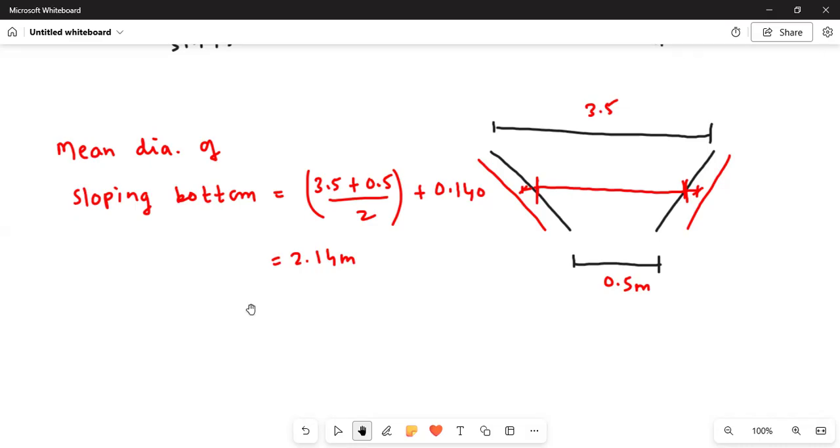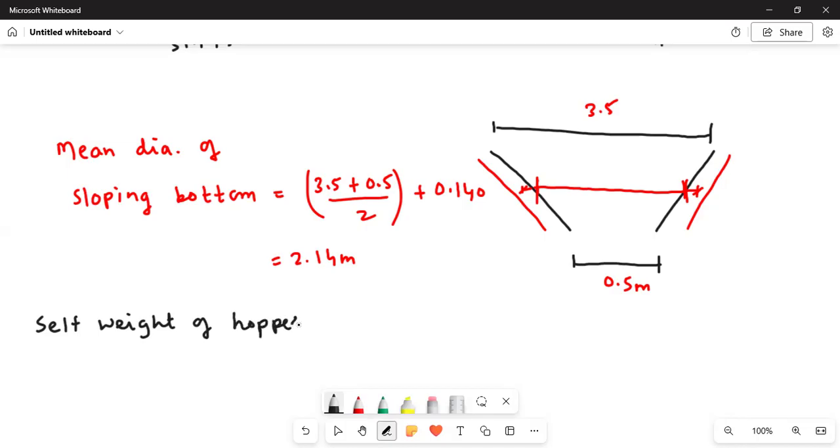We also need to find the self weight of the hopper bottom slab.